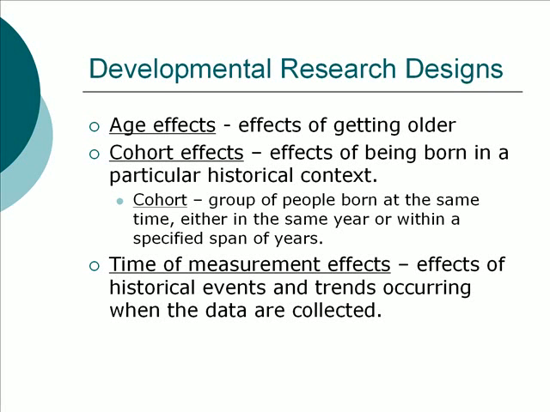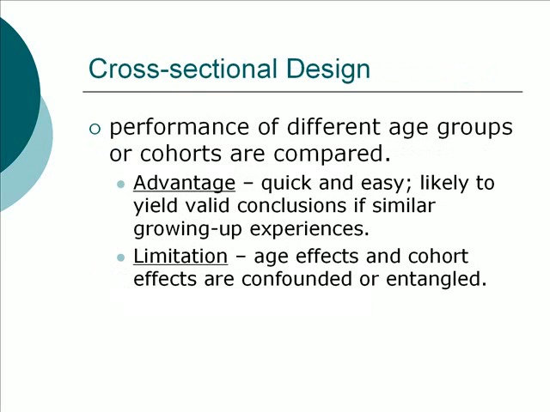This also would have an impact on the overall development. So we're going to try to avoid these sorts of impacts, but keep in mind these three different types of effects, because some of the research designs have advantages with some of these effects, and some of these effects have a negative impact on these designs. The first design we're going to talk about is cross-sectional design.